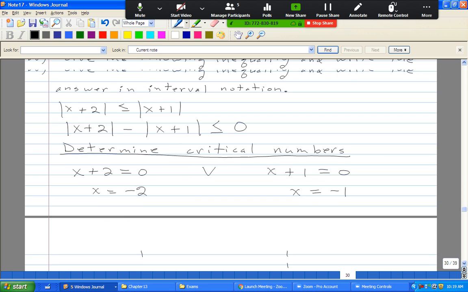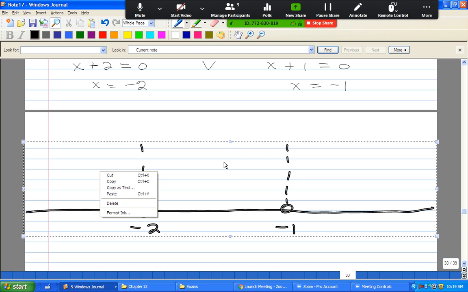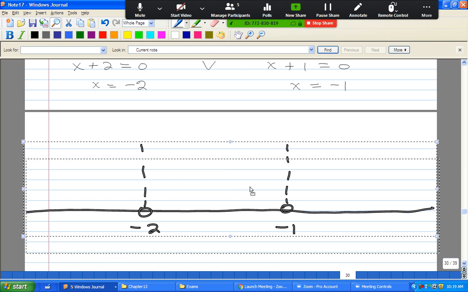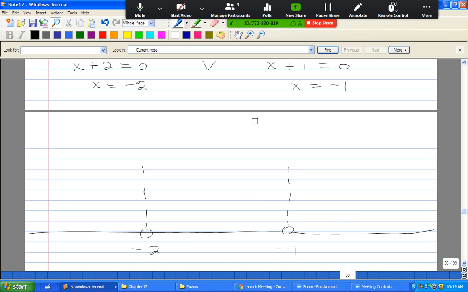And let's try to simplify the absolute value of x plus 2 minus the absolute value of x plus 1.